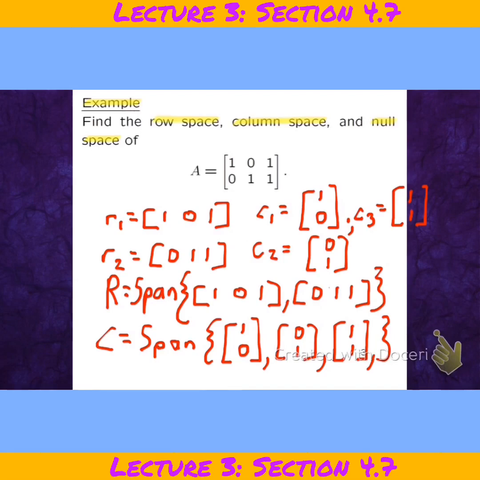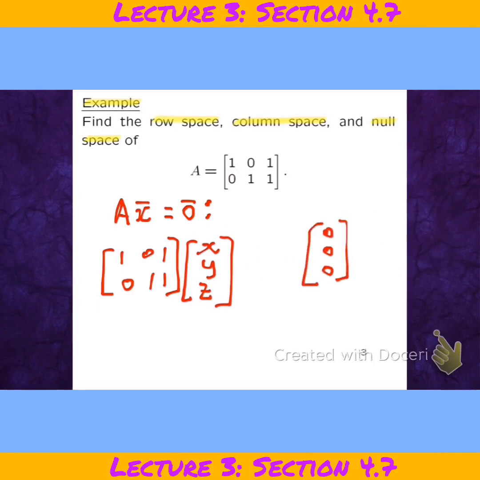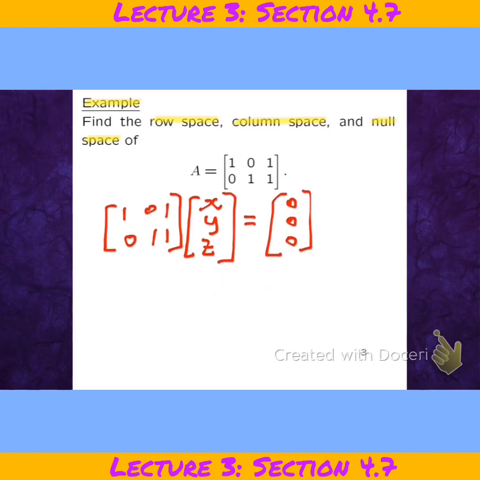So what is the null space? We need to find the solution to that linear system. We take the matrix A, and we've got our variables, a 3x1 matrix, and there's our zero matrix. From there we're given our two equations.